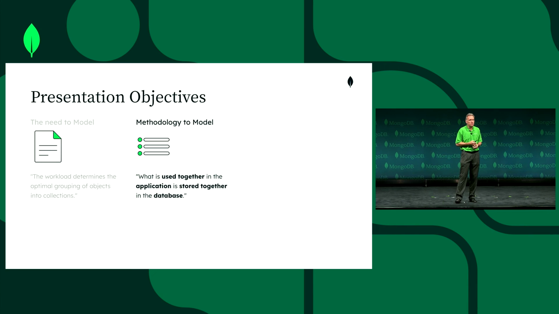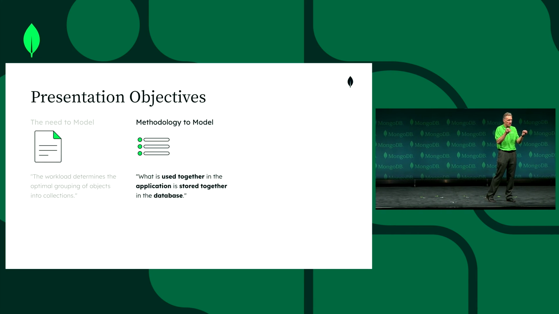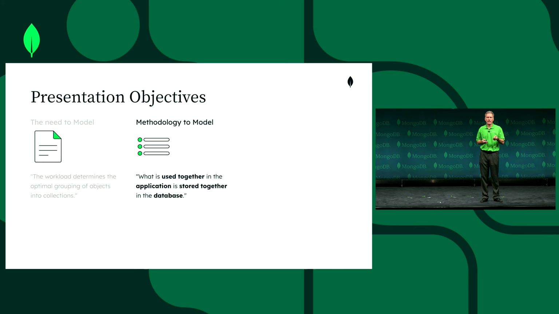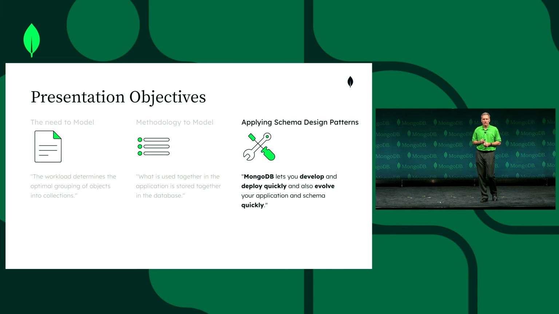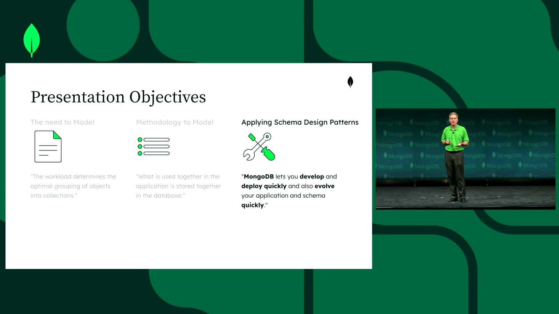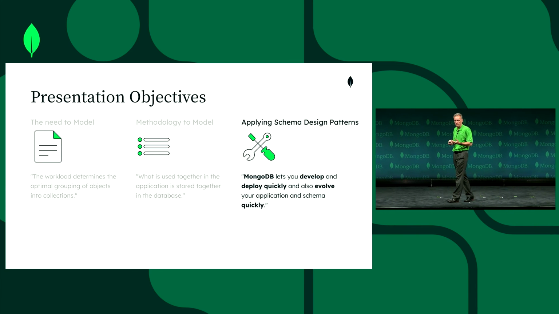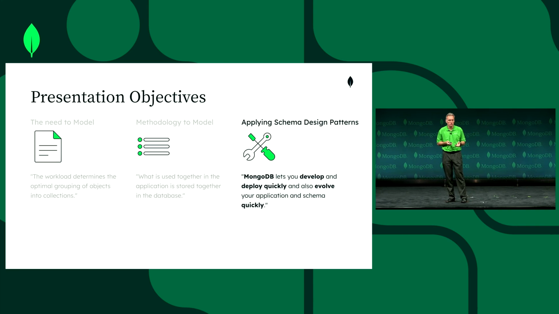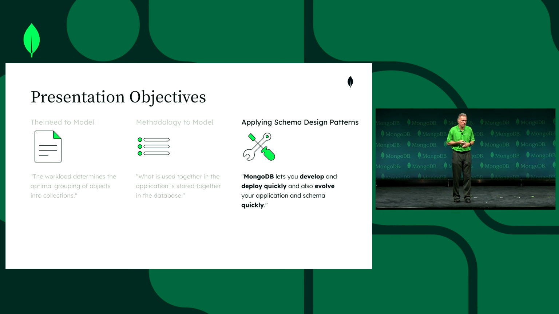The second principle is, again, the most important rule when you decide how you're going to embed or model a relationship: what is used together in the application is stored together in the database. And finally, we saw some schema design patterns, but the most important thing to remember out of that is that MongoDB lets you develop and deploy quickly, but also evolve your application schema quickly through the schema versioning pattern.